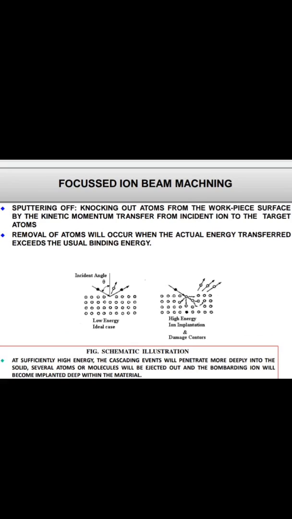FIB machining is used in manufacturing atomic force microscopy probes because of precisely controlled ion milling of the sample. FIB machining is used in size and shape control of nanostructures of microcomponents in nano semiconductor components in electronic industries. It is also useful in the lithography process.